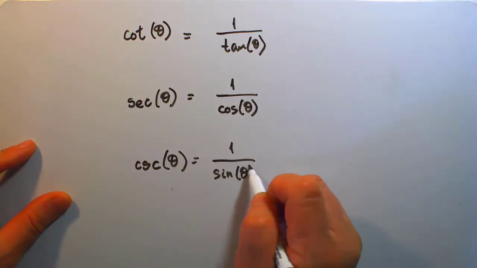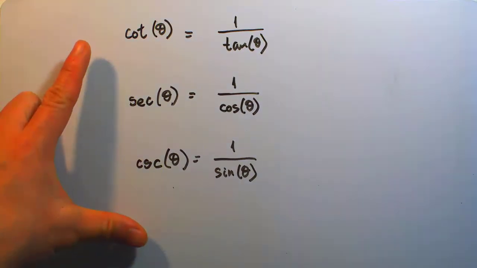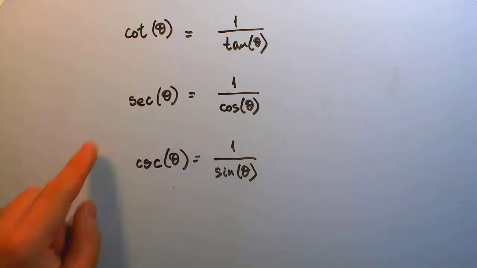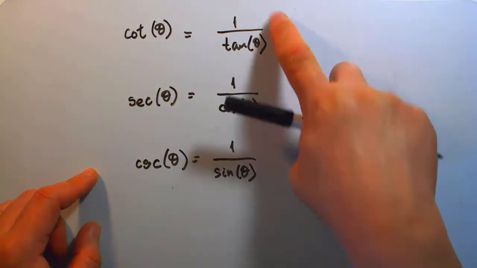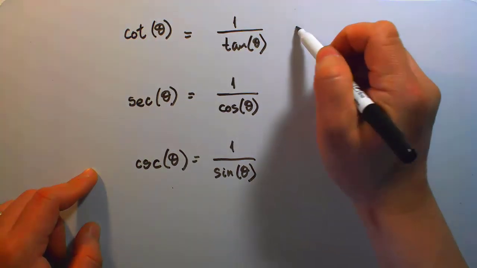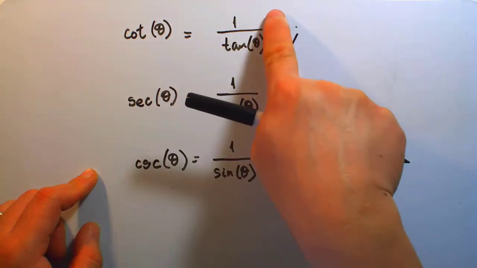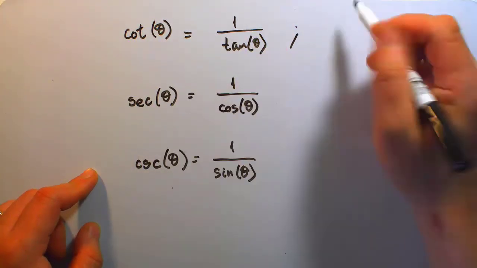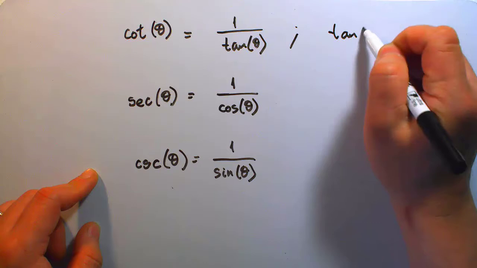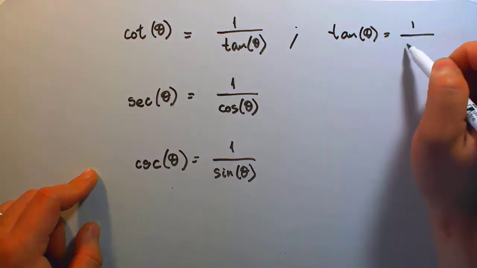So if we put all these three functions together in a list and look through them together, one thing they have in common is that they look like the reciprocal of some other functions right here. And since cosine theta can be understood as 1 over tangent theta, you can also understand tangent theta as the reciprocal of cotangent.